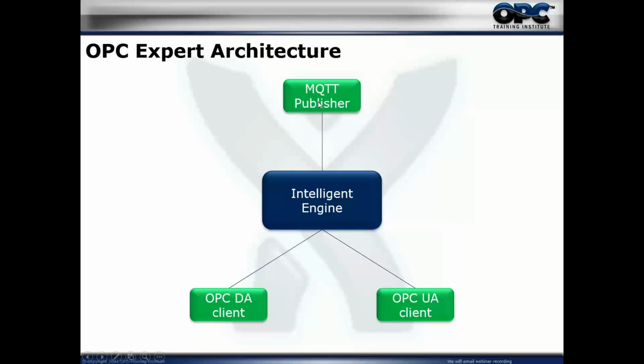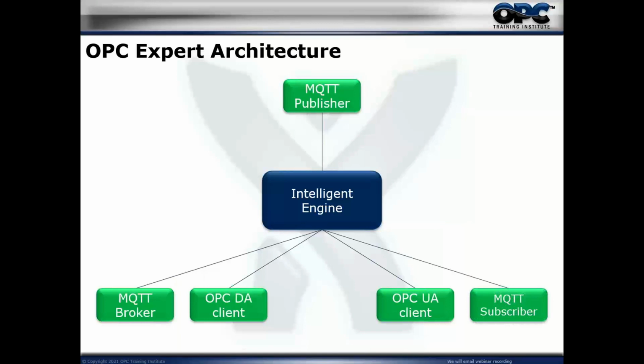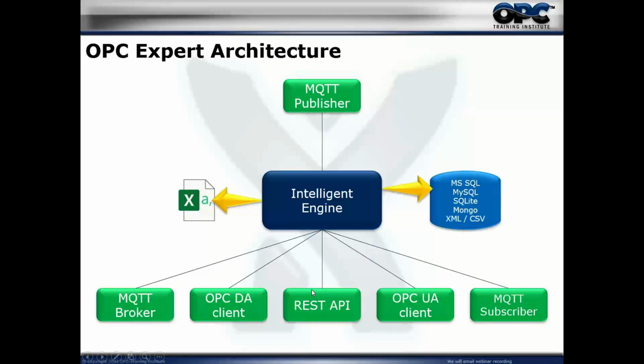Now, since we're specifically talking about MQTT here, you can also have a broker or a subscriber. So you can have an MQTT subscriber and a broker going into this intelligent engine, and you can use REST API. You can send that out to Excel. You can export the information for example, in a CSV. As an example, that's right here, not just real-time Excel, but into a CSV if that's what you want.